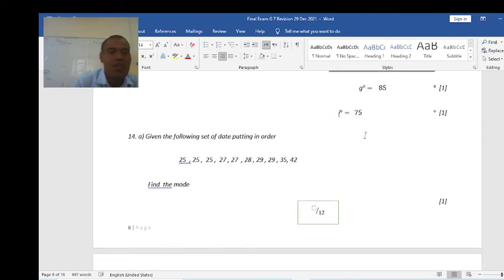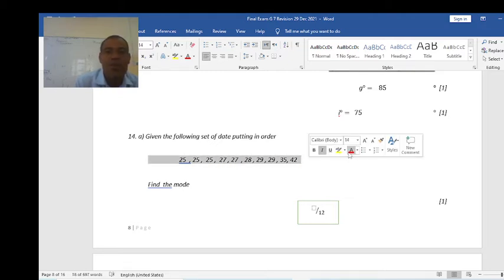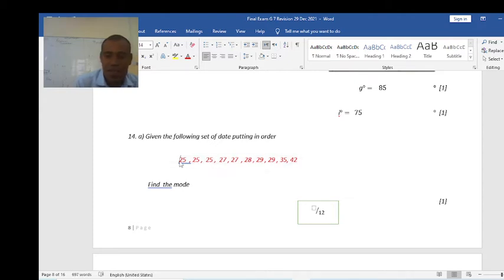Now we move to the next question. Given the following set of data, put in order, find the mode. The mode you already know about. For example, I will add something here: 3, 3, 3. Now I am going to work out the mode. The mode is the most common value.